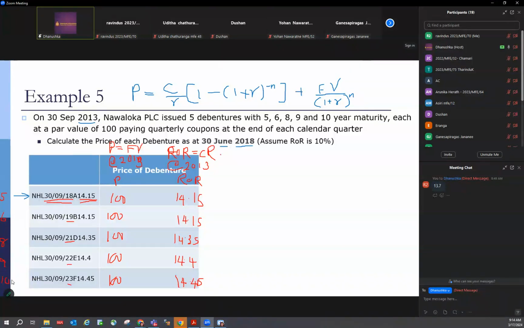But all of this is in the past. Now today, the assumption is today is 2018. Now, when I look at my debenture today, let's look at the first debenture. How much more time is there for it to mature?